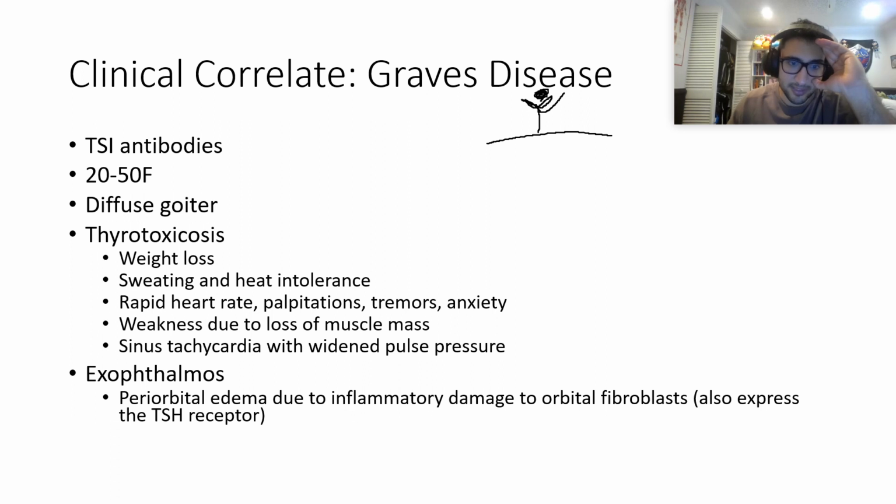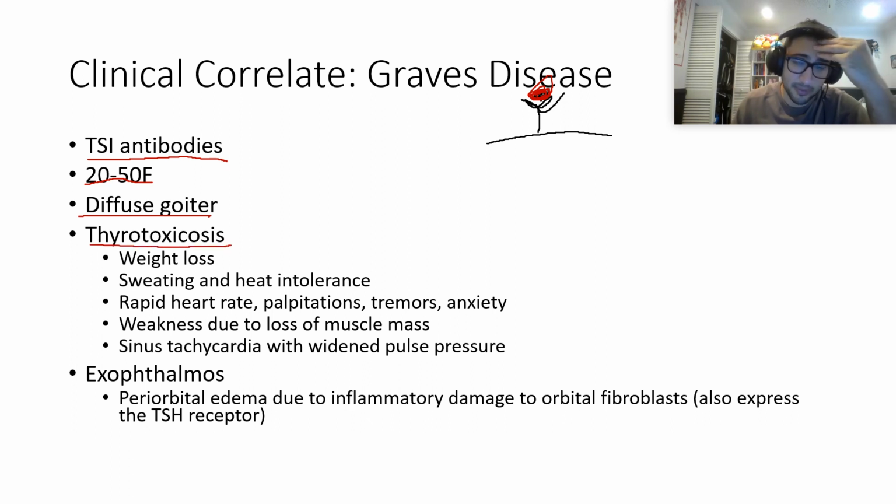However, in Graves' disease, you have thyroid stimulating antibodies that can also bind to this receptor. All right, even when there's no TSH present. And you're commonly going to see this, as with all the autoimmune conditions, in women of childbearing age, so between 20 to 50. It's going to present as a diffuse goiter because the whole gland is uniformly stimulated by these thyroid stimulating autoantibodies.